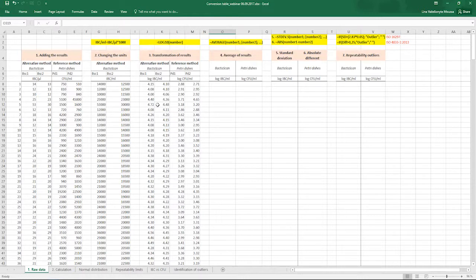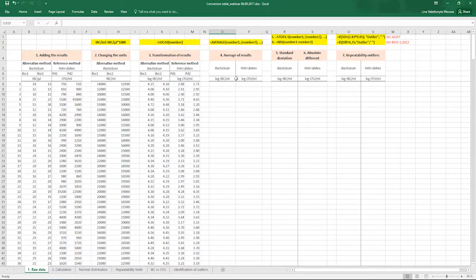When all data are transformed to logarithmic scale, we can now do the statistical analysis. First of all, the mean value of each sample must be calculated. On the top you can see the highlighted formula to be used for mean value calculations.